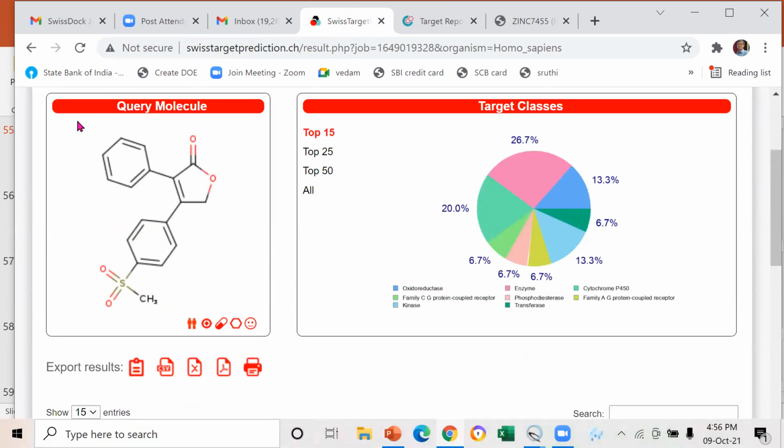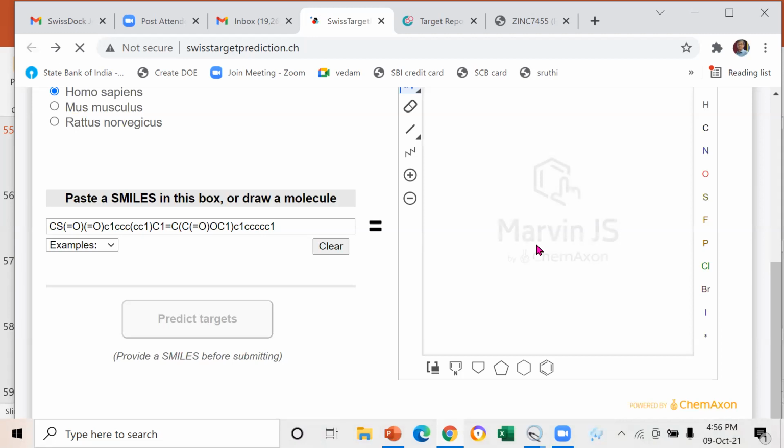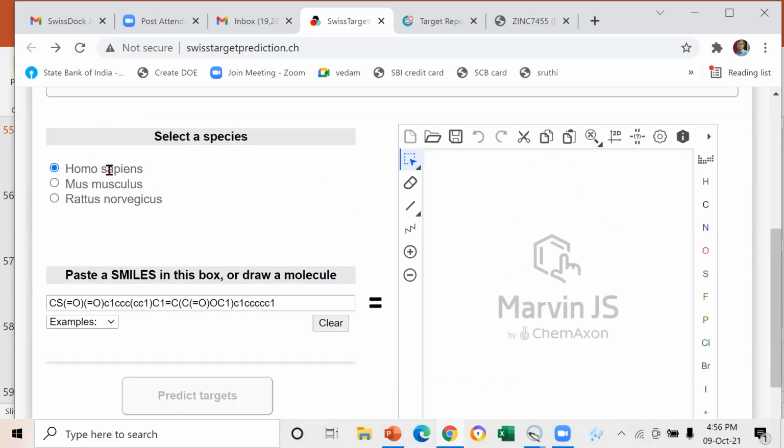For example, if you remember the previous page, here I have given Homo sapiens. So it will identify if there are any possible human targets. And then it will give all the details about the human targets, the genes involved, and ligands that have been known for inhibiting that human target. So a lot of information it tries to give.